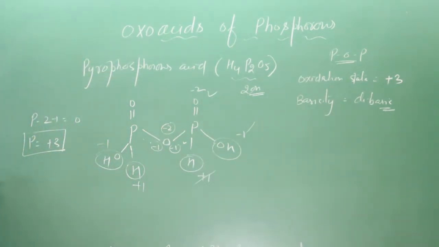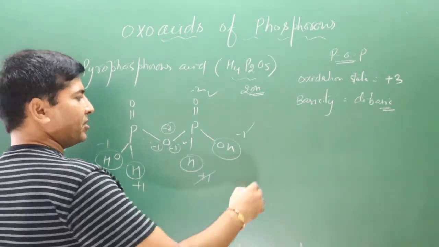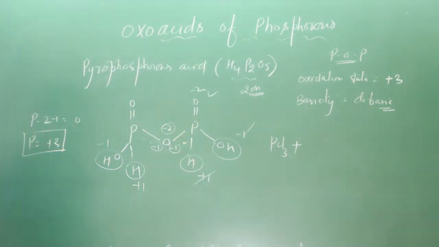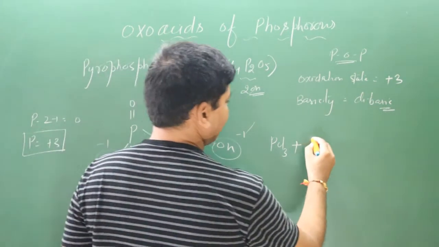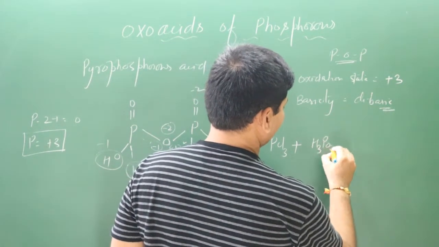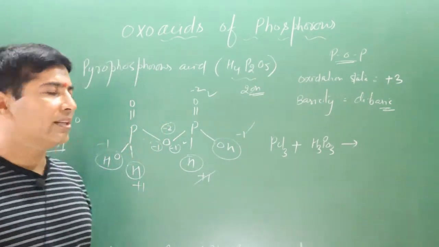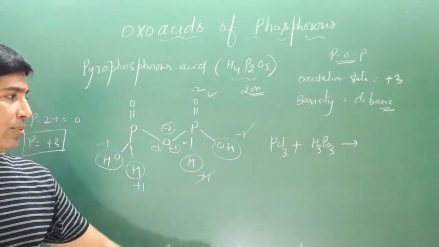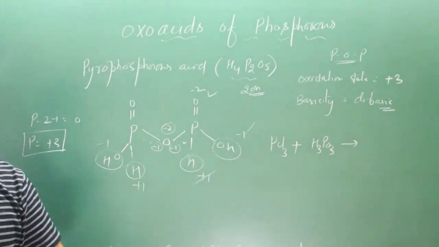For the preparation reaction, we have phosphorus trichloride reacting with phosphorous acid, that is H3PO3. You might have learned the chemical reaction of phosphorus trichloride. It can release 3 chlorine, because it is a very good chlorinating agent.